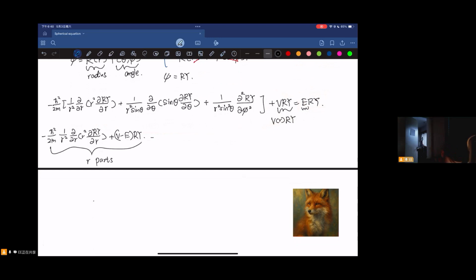What about the theta part? First we have h bar squared divided by 2m, sine theta. Okay, and then plus, oh, we have a third term, again with h bar squared divided by 2m.